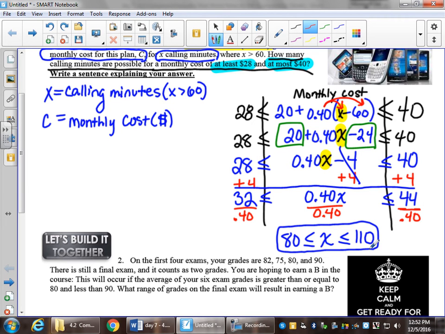What does this mean? Well, remember that x represents calling minutes. So you can talk for 80 to 110 minutes.